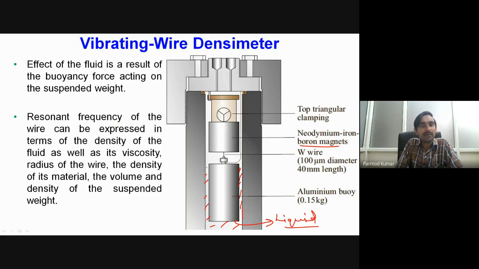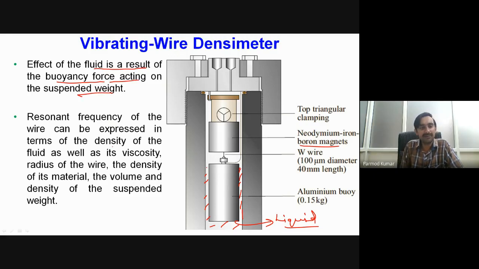Okay, so over here, the effect of fluid is a result of buoyancy force. Why? Because this aluminium buoyant body is submerged inside the liquid, so the liquid will give some buoyancy force which will change the vibration characteristics of the wire. Okay, so buoyancy force is the main one, and it acts on the suspended weight.